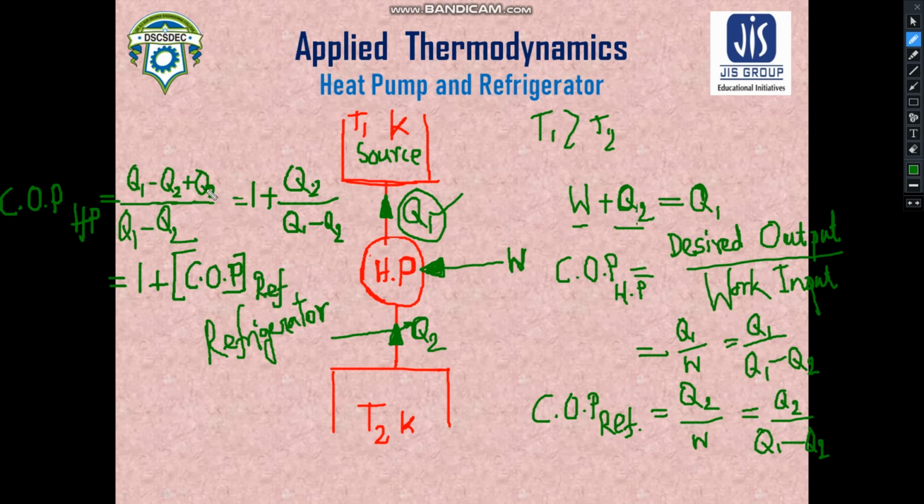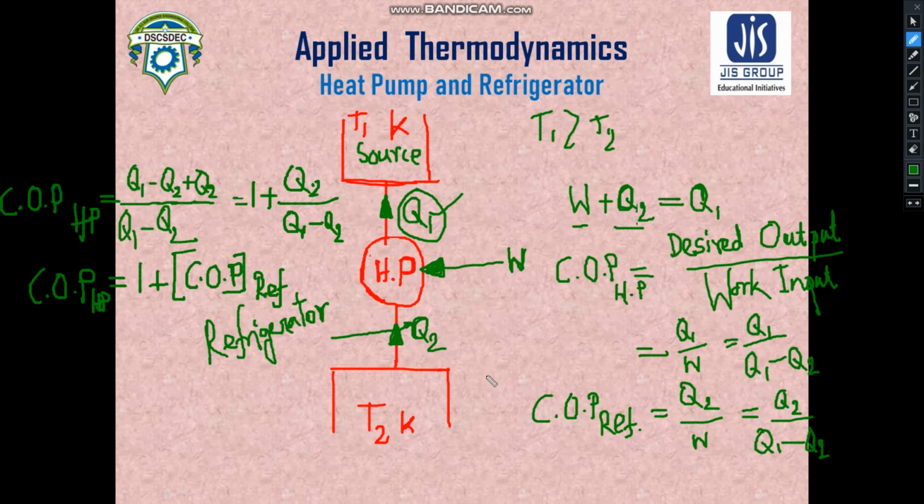By adding Q2 and subtracting the same Q2, we can distribute this equation into 1 plus Q2 by Q1 minus Q2, and we know that this Q2 by Q1 minus Q2 is nothing but the COP of the refrigerator. So this formula can be simply generated. Okay, COP of heat pump is equal to 1 plus COP of refrigerator, and COP, you know, is the desired output divided by work input.